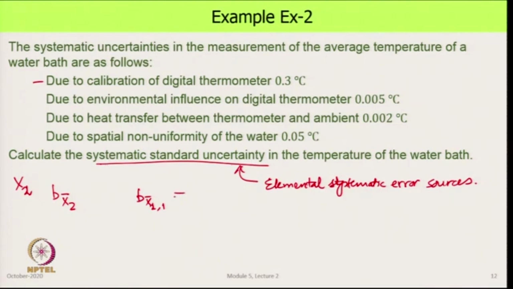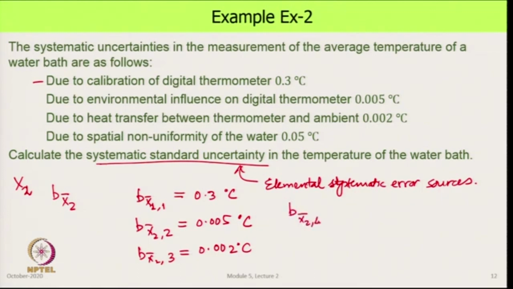B x2 bar 1 is 0.3 degrees Celsius, B x2 bar 2 is 0.005 degrees Celsius, B x2 bar 3 is equal to 0.002 degrees Celsius, and B x2 bar 4 is 0.05 degrees Celsius.